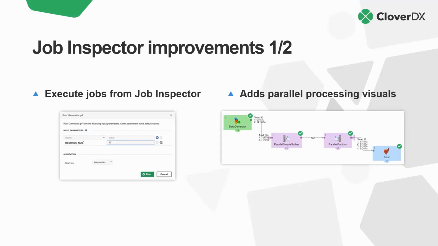You can really use Job Inspector to do it for you. Also, I mentioned that we added some clustering features to Job Inspector. That's depicted on the right-hand side with those purple components and multiple entries on edges when you have a small job.